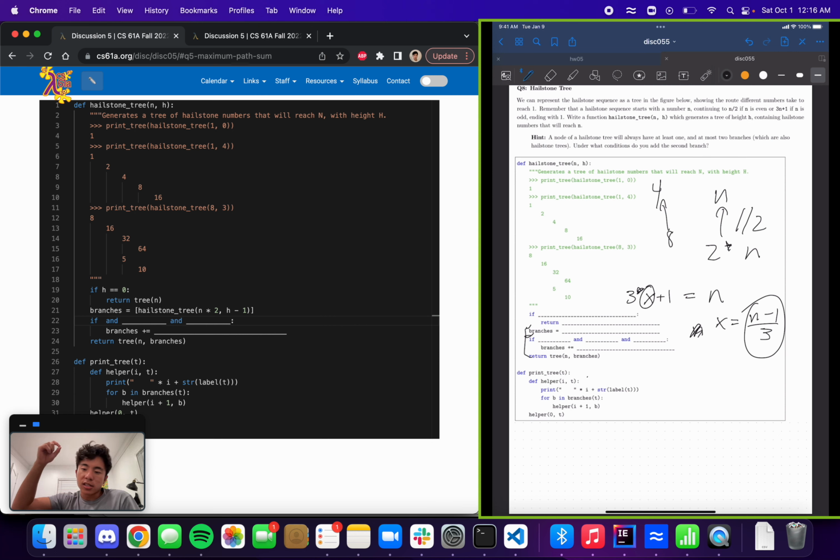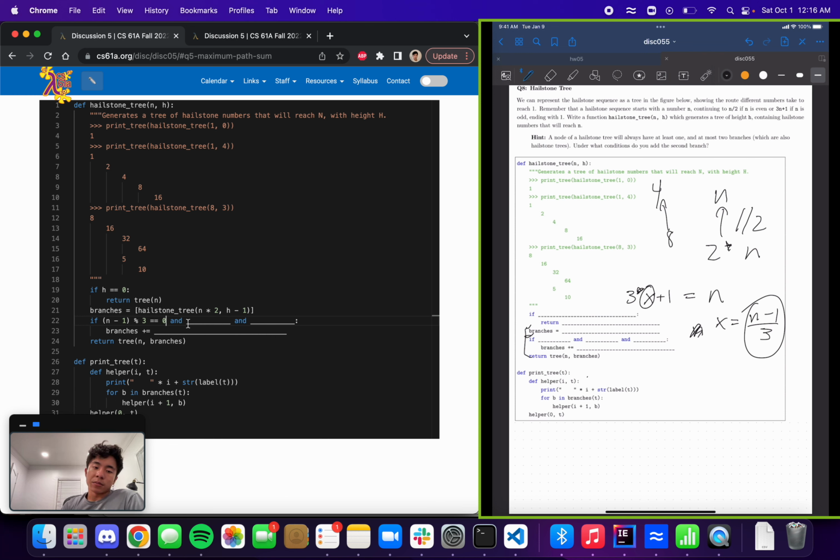And so one condition that we want to check is if n minus 1 over 3 is an integer. So if n minus 1 mod 3 is equal to 0. So if 3 evenly divides into n minus 1, then we're good to go.